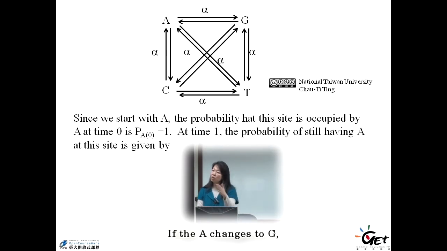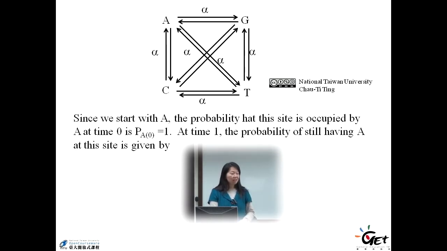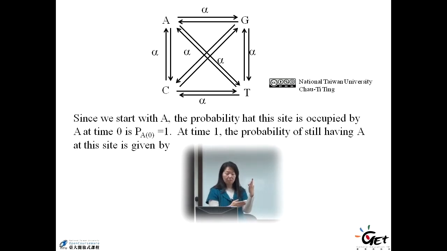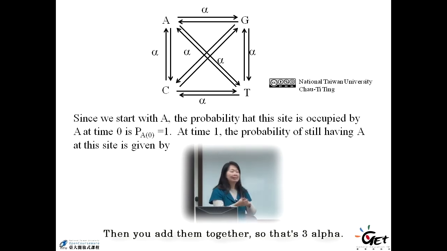If an A changes to G, the probability is another alpha. If A changes to C, the probability is still alpha. So there are 3 ways to make the change, right? Then you add them together.